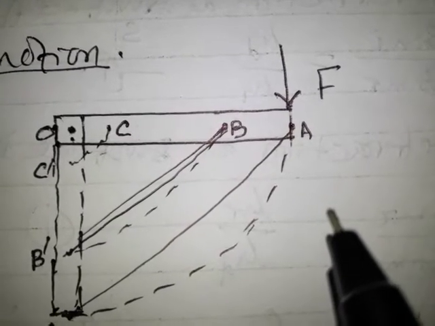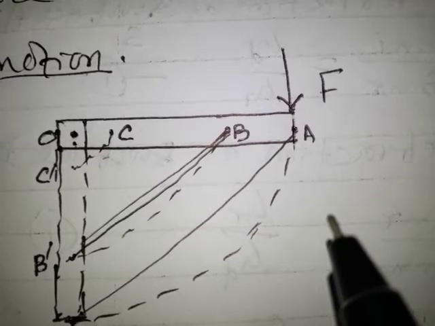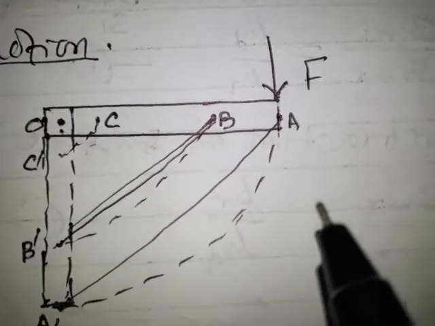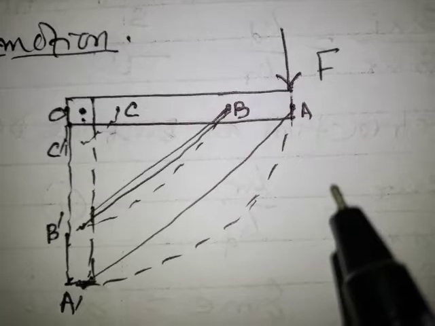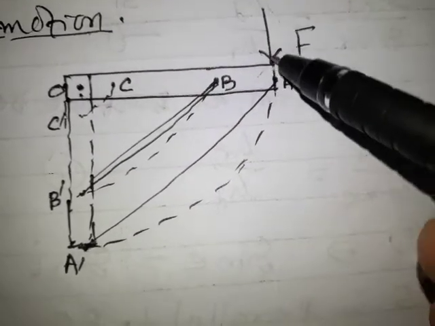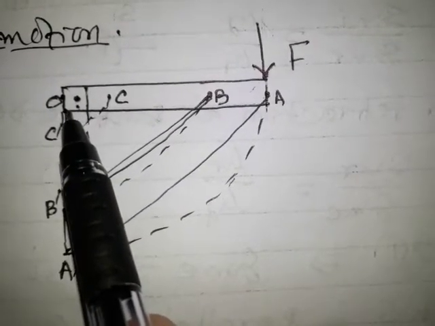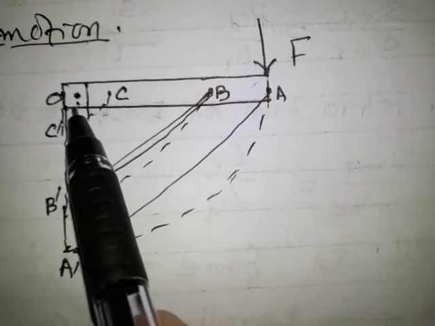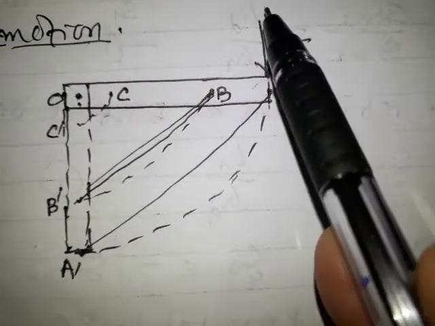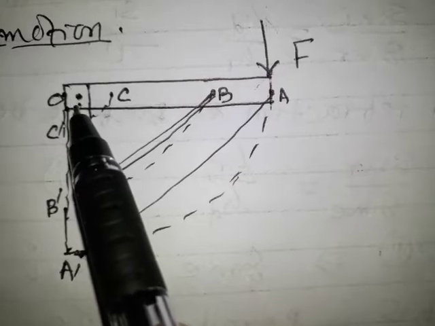So in rotational motion, the object is either free to rotate about a point or about a line which we call axis of rotation. And here the line of action of the force must not pass through the point of rotation or axis of rotation. The line of action must be away, it should not pass through this point, otherwise it will not rotate.